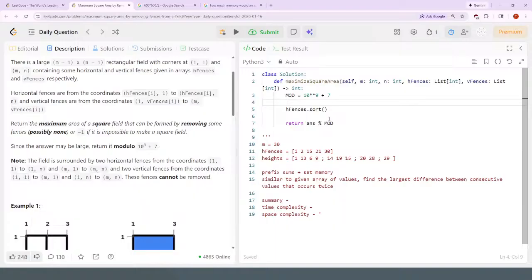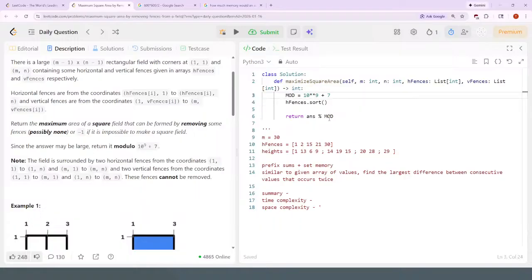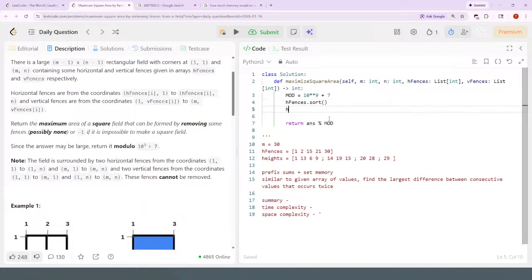So what would the calculation be here? 1 to everything after it, 2 to everything after it, 15 to everything after it. So let's say hnum is equal to the length of h fences.